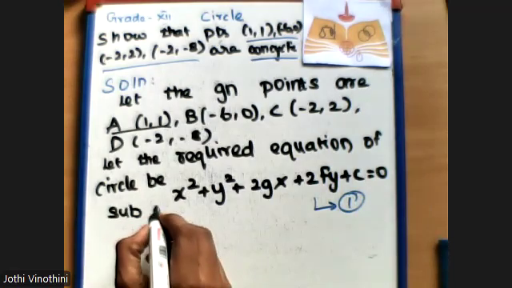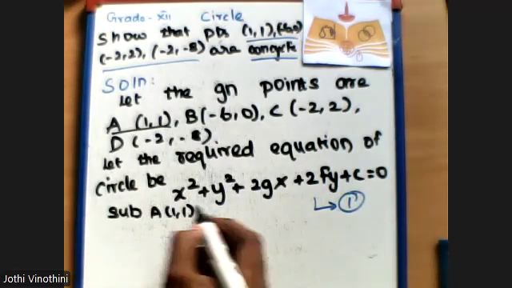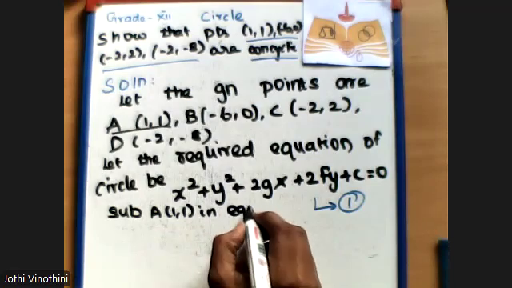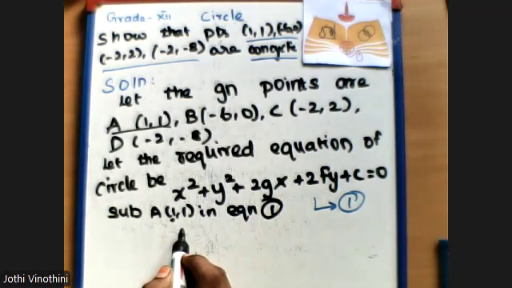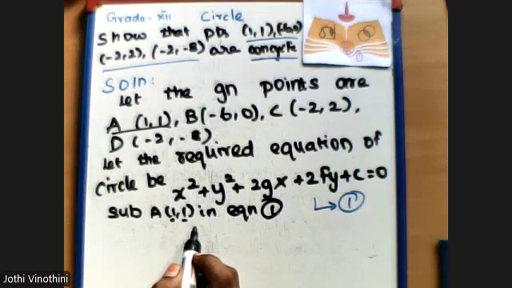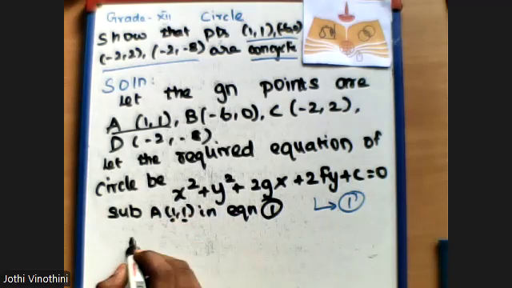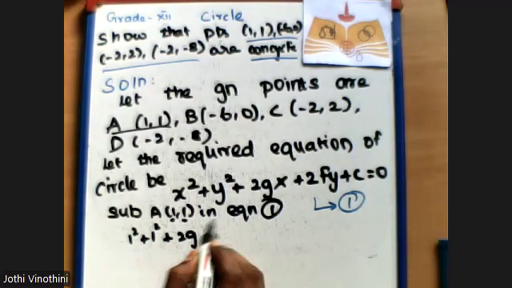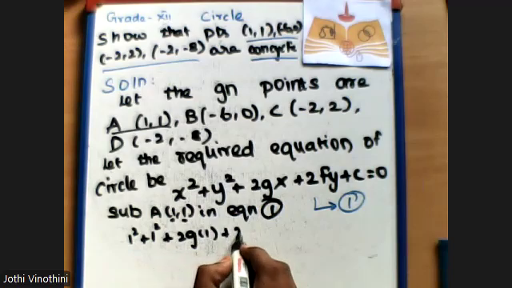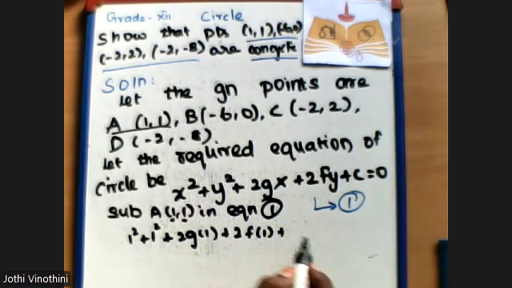So in this equation, I'm going to substitute the point A, (1, 1), in equation 1. What is the x coordinate? 1. What is the y coordinate? 1. So in place of x we substitute 1, and in place of y we substitute the y coordinate. So 1 squared plus 1 squared plus 2g of 1 plus 2f of 1 plus c equals 0.